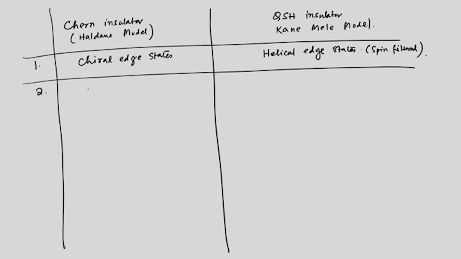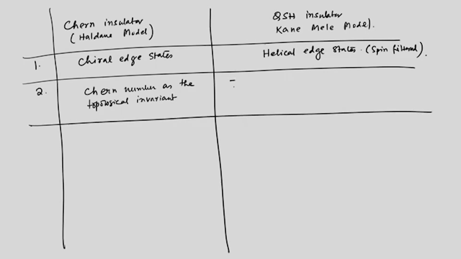Second, this is called the Chern number, the topological invariant, and that's why they're called Chern insulators. And for the other, the Z2 invariant. Okay.